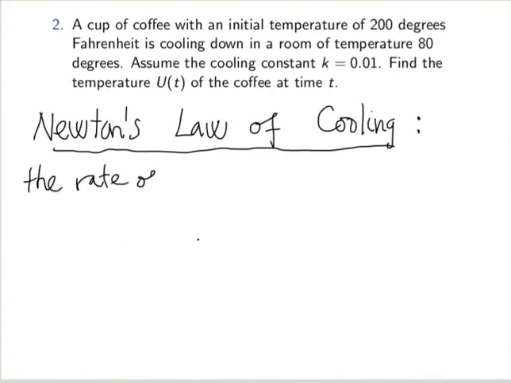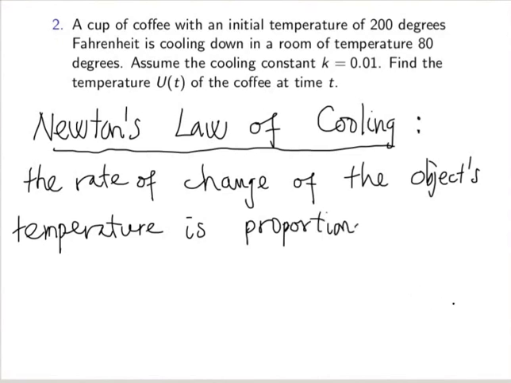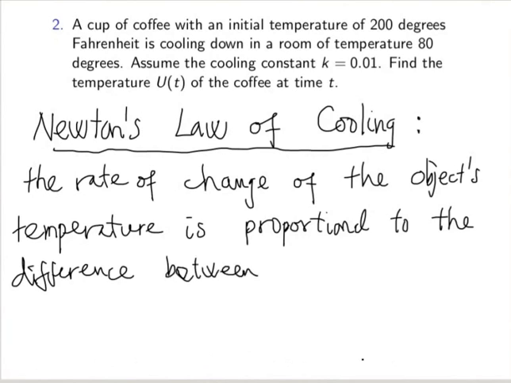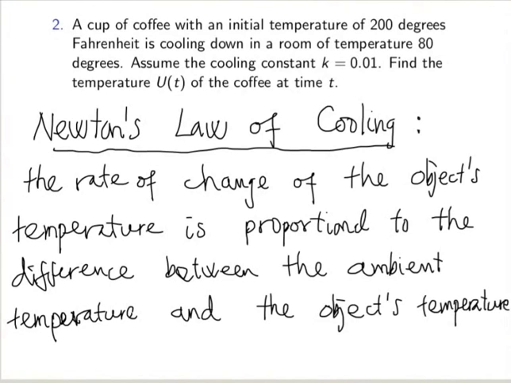The rate of change of the object's temperature is proportional to the difference between the ambient temperature and the object's temperature. Now, that's what the law says.